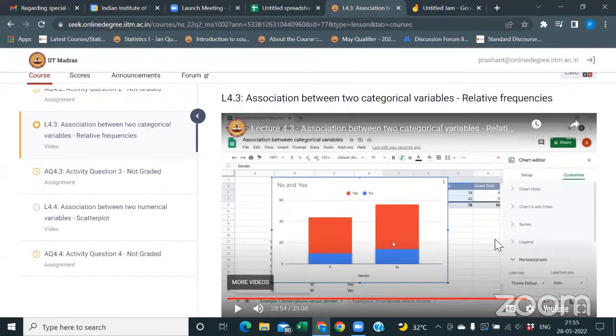See, from the stacked bar chart, here you can get the idea. How much there are, 34 who own the phone and 14 who do not own the phone.